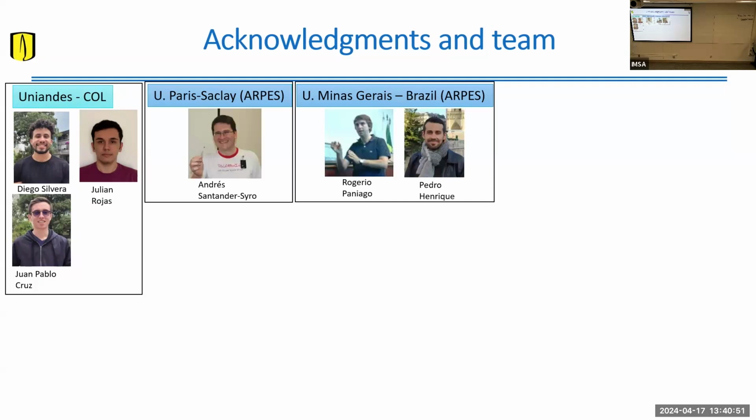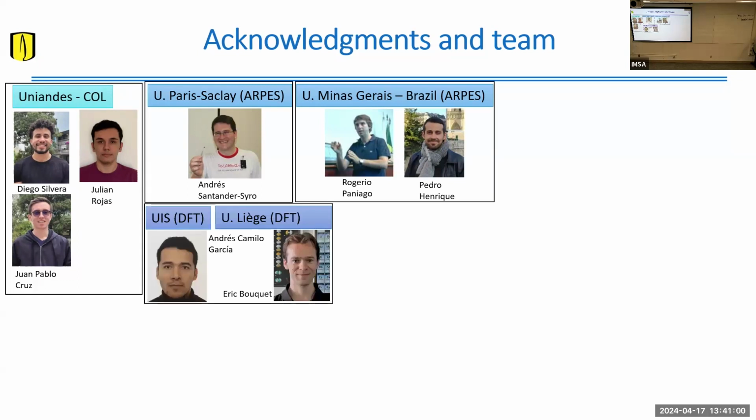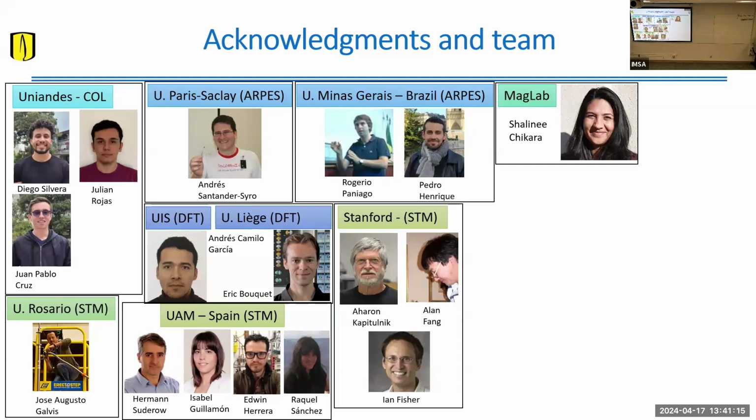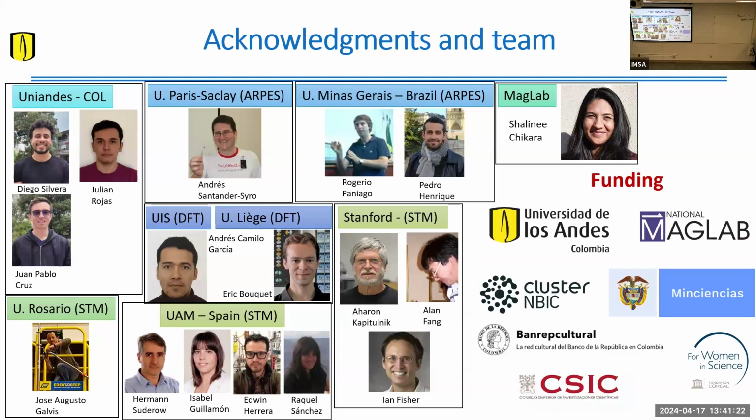I have collaborators who performed the ARPES measurements of the samples I'm going to show today at Universidad Paris-Saclay and Minas Gerais in Brazil, collaborators who helped with DFT calculations in Colombia and in Belgium, collaborators for STM measurements in different groups in different places, and my supporter at the MATLAB for the high field measurements that I'm going to focus on today. And these are the funding agencies I've worked with.